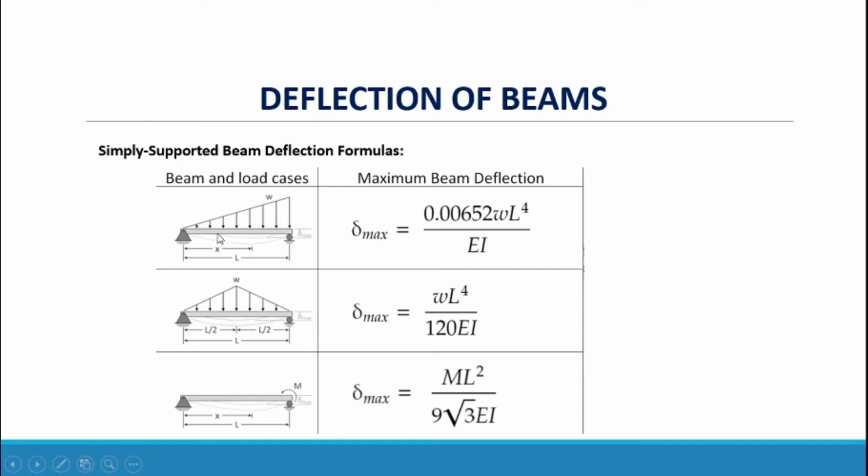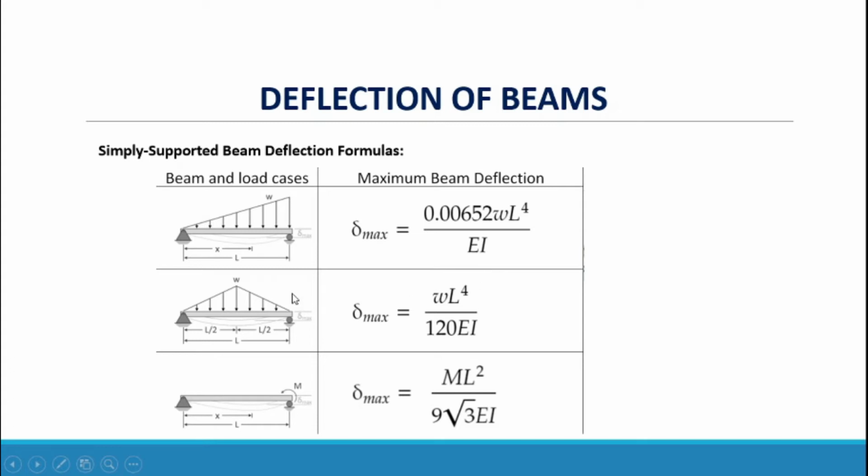And the next load case is a triangular load, and we have a distance L, and the maximum deflection is at x, and the formula for maximum deflection is equal to 0.00652 WL to the fourth all over EI.